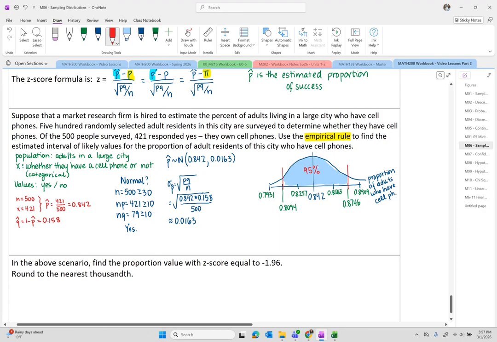So we think that the proportion of adults will be from 80.94% to 87.46%.